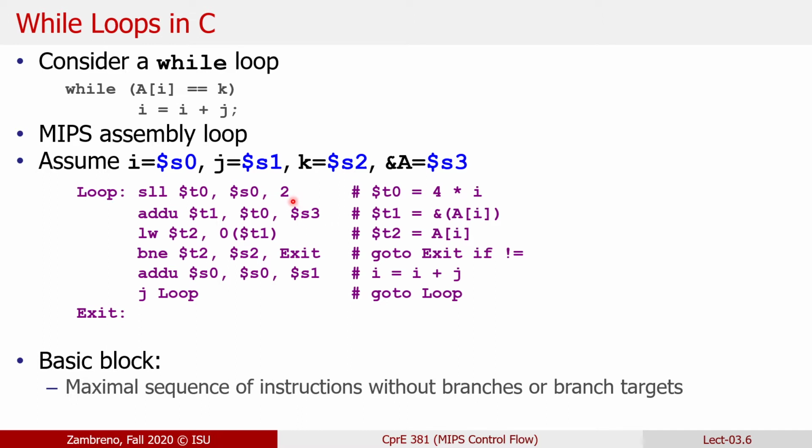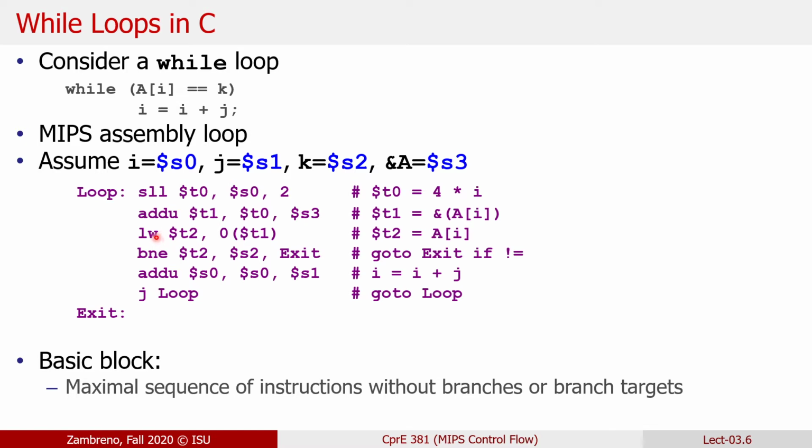That's our I times 4, multiplying by 4 because we're assuming these are all integers. The problem didn't state that, but because these are integers, we multiply by 4 to get the number of bytes in our offset. The add instruction is then going to take that I times 4 value and add it to our base address to calculate the address of A of I.